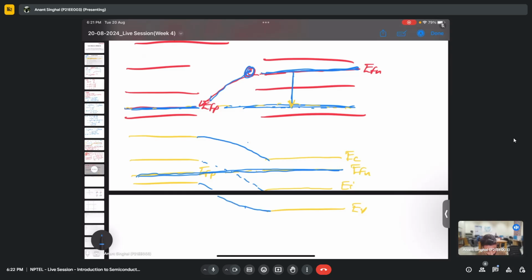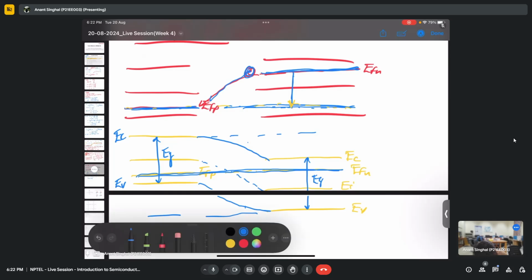So this is what we call band bending. Does it make sense to everyone? What we have is this will always remain the same. EC and EV will always have an energy gap of EG. Here also we will have an energy gap of EG.